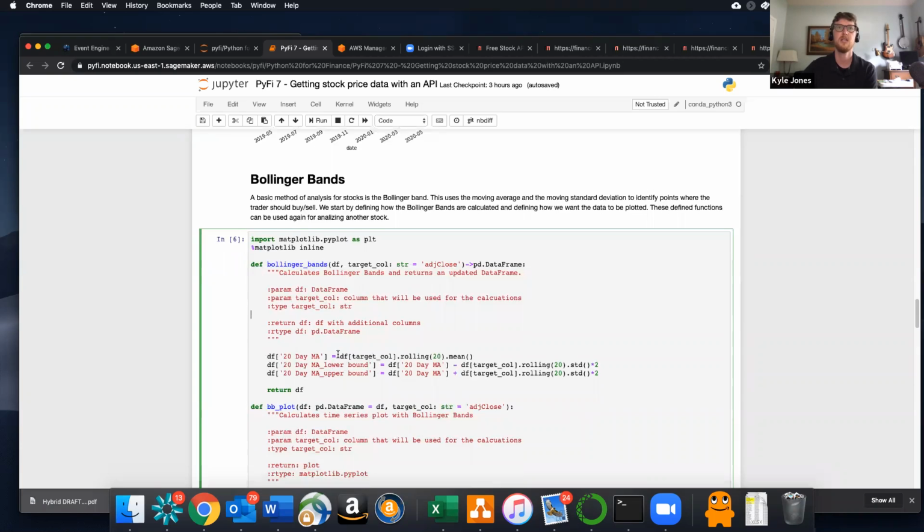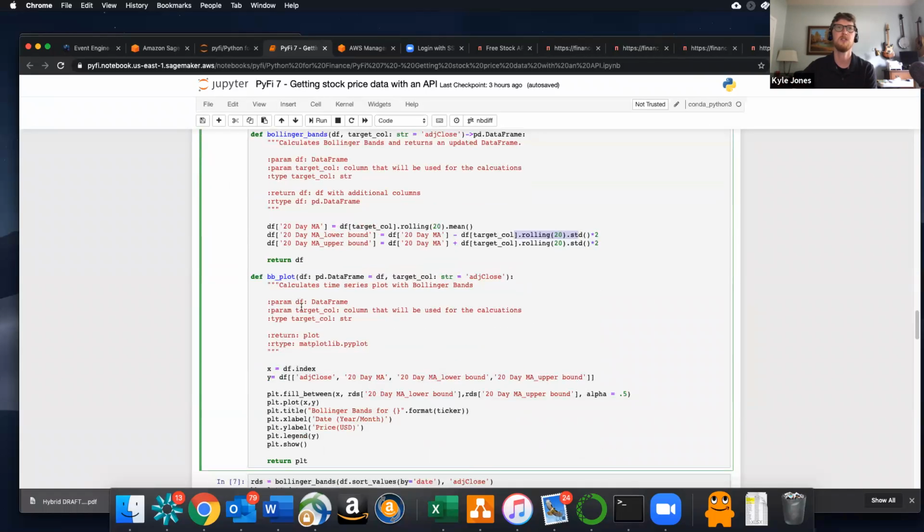It takes our variable and does a rolling average on it, and then saves it as a rolling average. Then to get my lower and upper bounds, it's the same thing with the rolling standard deviation. So 2 times the standard deviation above and below the mean.